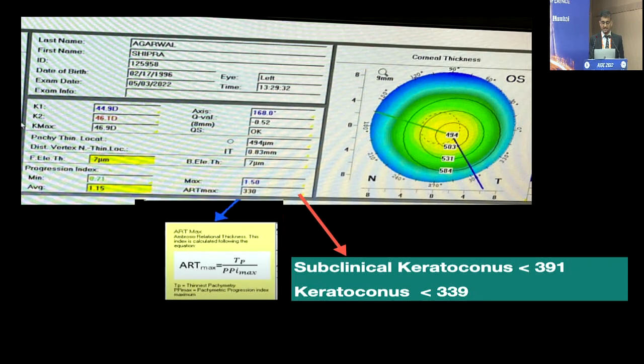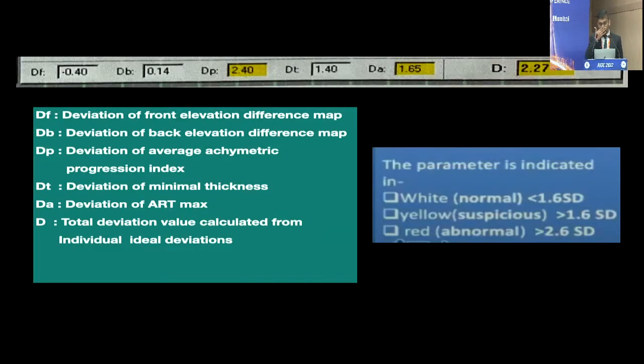Then there is something called ART max, which is also an important parameter. But most important are these 5 deviations, which are taken out from all the values that we have just discussed. It will label it as white if it is less than 1.6 standard deviation from the normal population. It labels it yellow if it is beyond 1.6 up to 2.6, and red if it is more than 2.6.